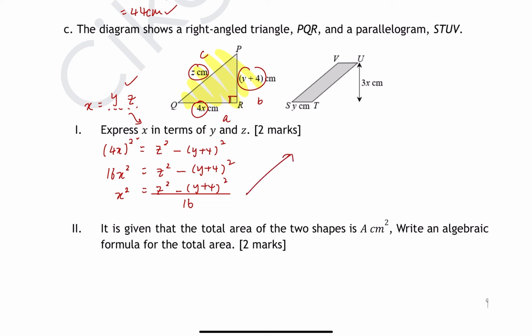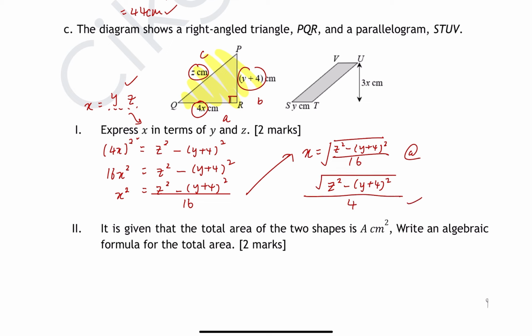Okay, and to get your final x, you will square root everything, where you will have z squared minus y plus 4 squared over 16, or you can just live with z squared minus y plus 4 squared with the square root, but everything divided by 4, because you have already square rooted the 16 value.